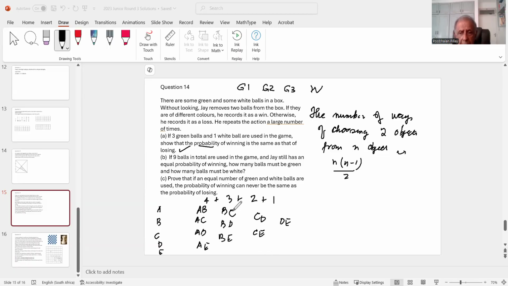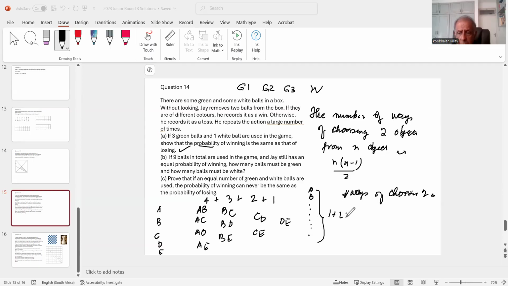So the number of ways of choosing two objects from 5 objects is 1 plus 2 plus 3 plus 4, not up to 5. Right? So in the same way, if you got n objects, the number of ways of choosing two, I'm going to write this backwards, 1 plus 2 plus 3 plus 4.